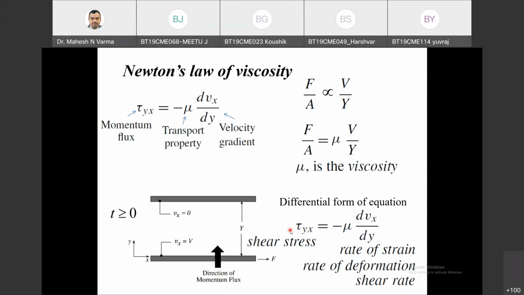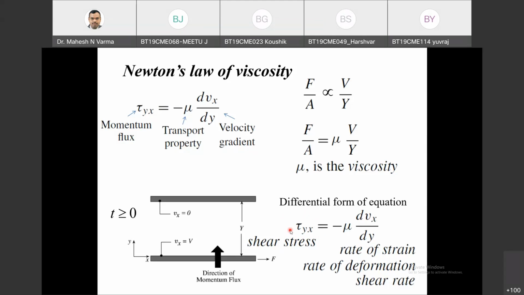Even though this looks very simple, and you might have studied Newton's law of viscosity many times in the past, as we are comparing, you should not forget these basic terminologies which we are using, like flux, what is momentum flux, what is the transport property in heat transfer, what is the transport property in momentum transfer, and what is the gradient.